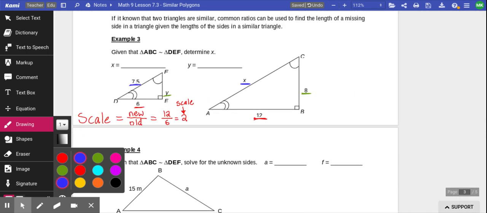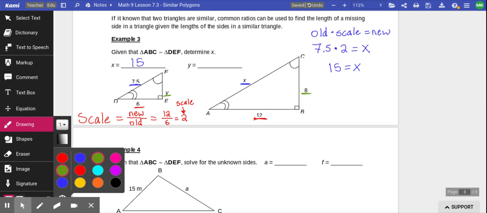I'm going to write out the formula first. Old times scale equals new. So if I took my old length of 7.5, I multiplied by my scale of 2, that would give me my matching side length of x. I put that in my calculator. 7.5 times 2 is 15. That means 15 is x.